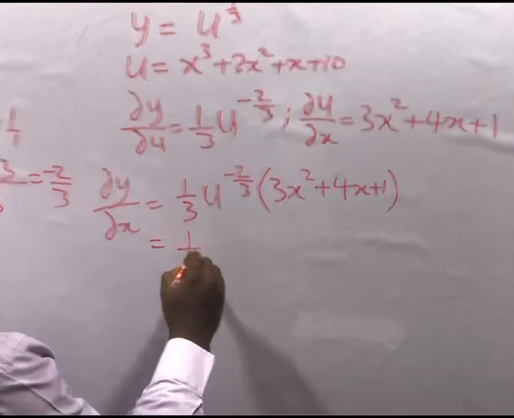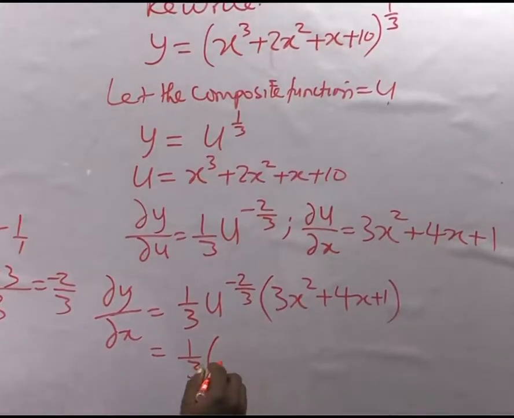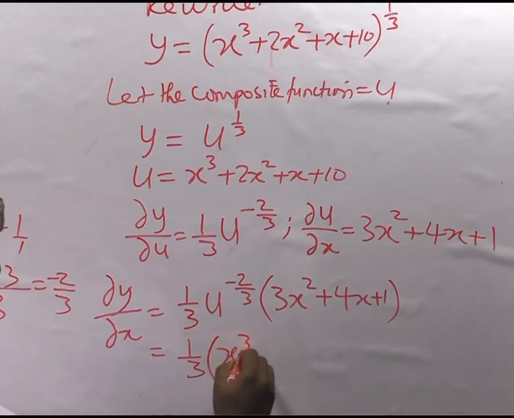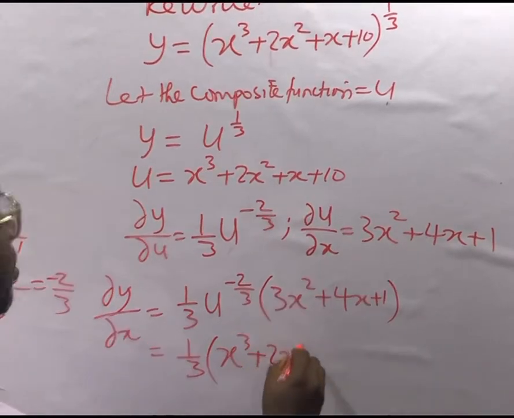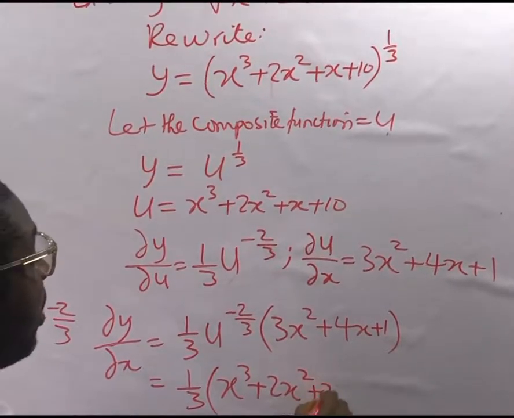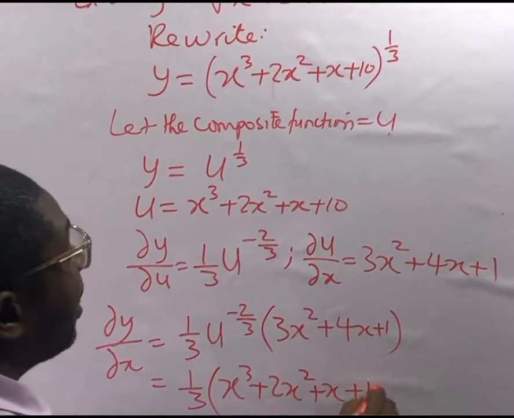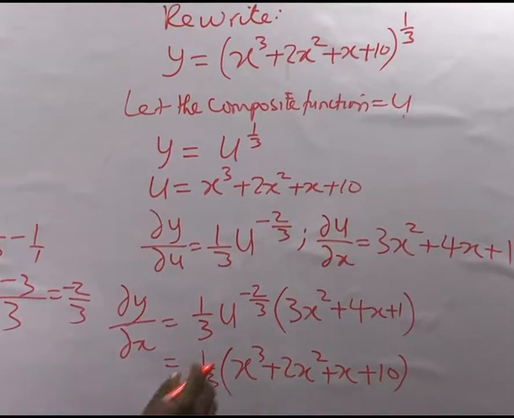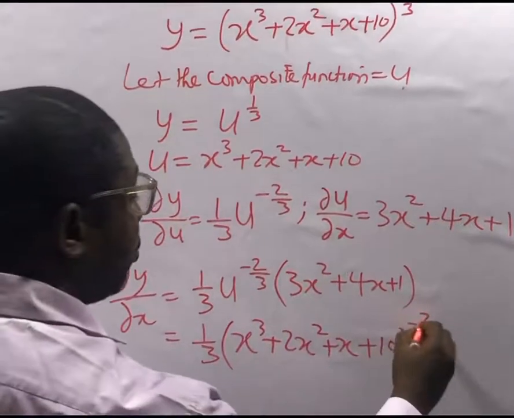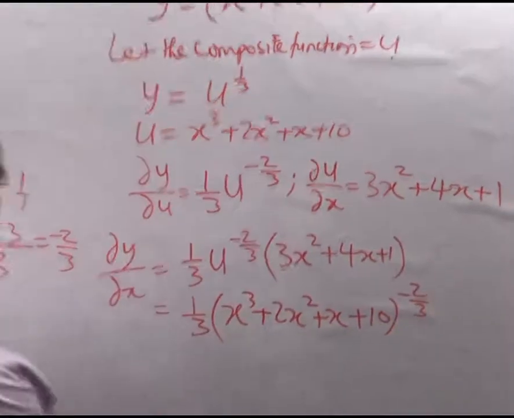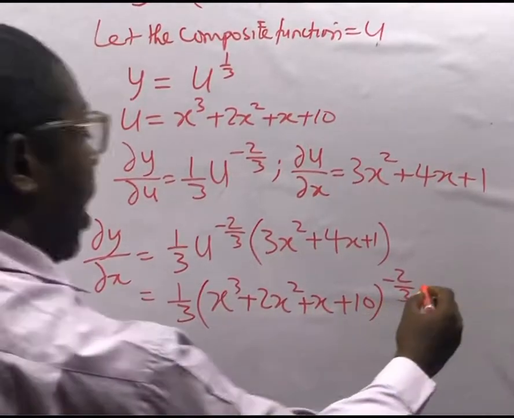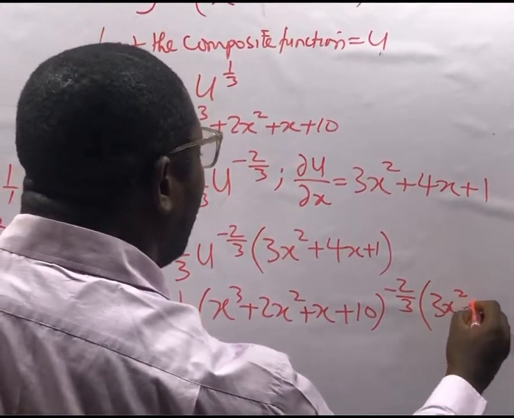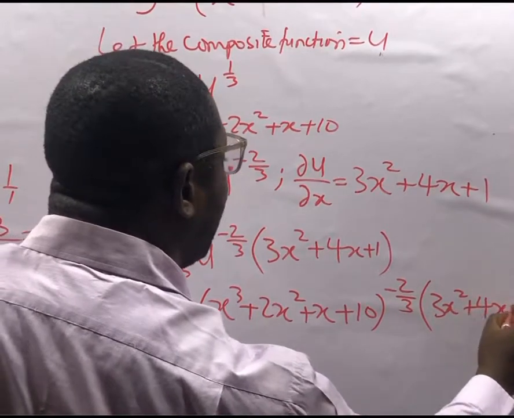We have 1/3 into what is u? u is x raised to the power 3 plus 2x raised to the power 2 plus x plus 10, all raised to the power minus 2 all over 3. Then we also have times 3x raised to the power 2 plus 4x plus 1.